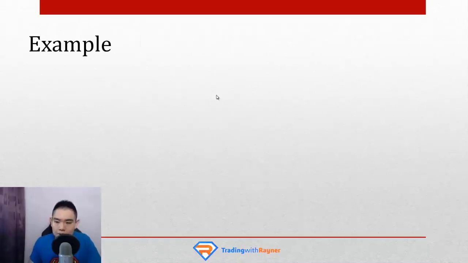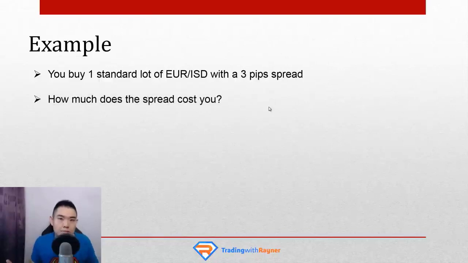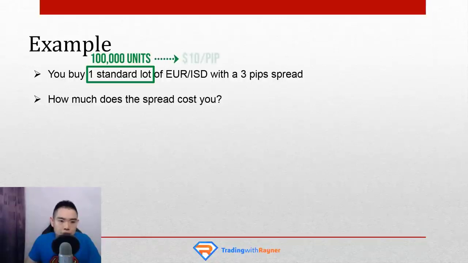I'm going to give you an example so you can see what I mean. Let's say you buy 1 standard lot of Euro USD and the spread is 3 pips. How much does the spread cost you in dollar terms? As we have discussed earlier, 1 standard lot is 100,000 units, and the value per pip is $10.